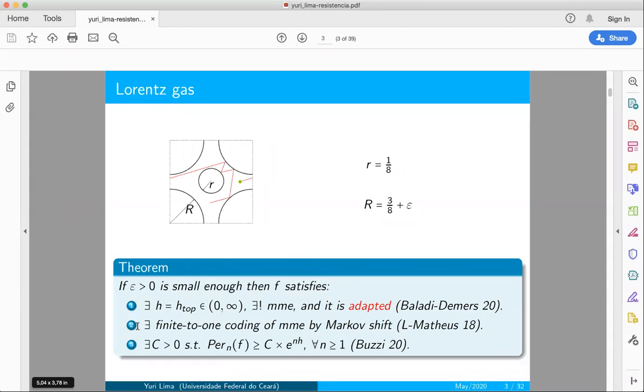So because it is a Markov partition, the extension is going to be a topological Markov shift. And with this extra property that this coding is finite-to-1, meaning that almost every point below is coded only by finitely many points above, Jérôme Bouzy was able to get very good estimates on the number of periodic trajectories of these billiards.